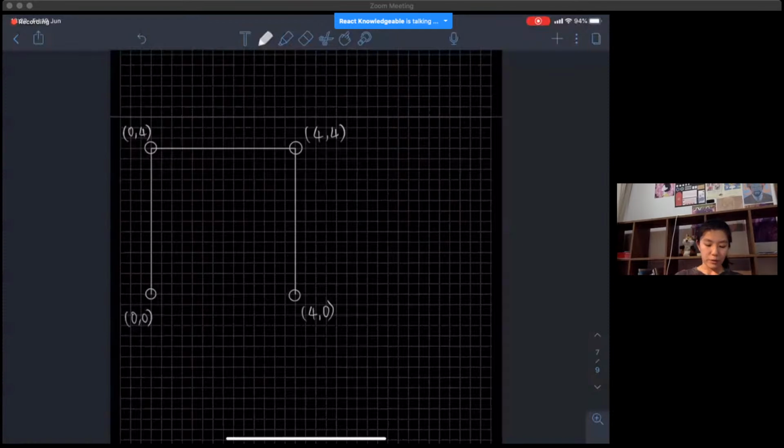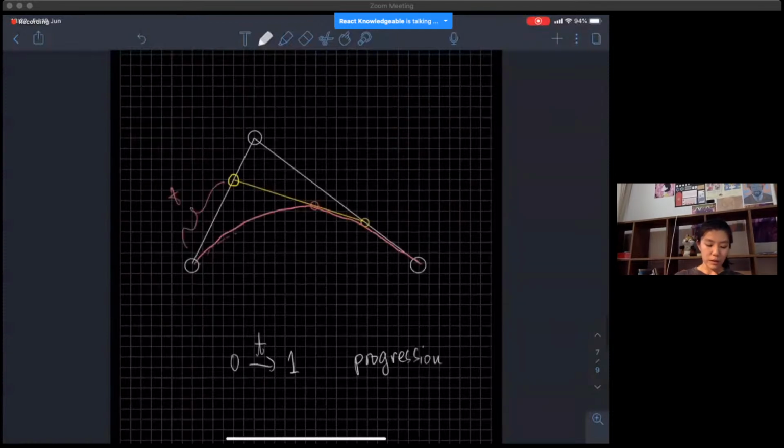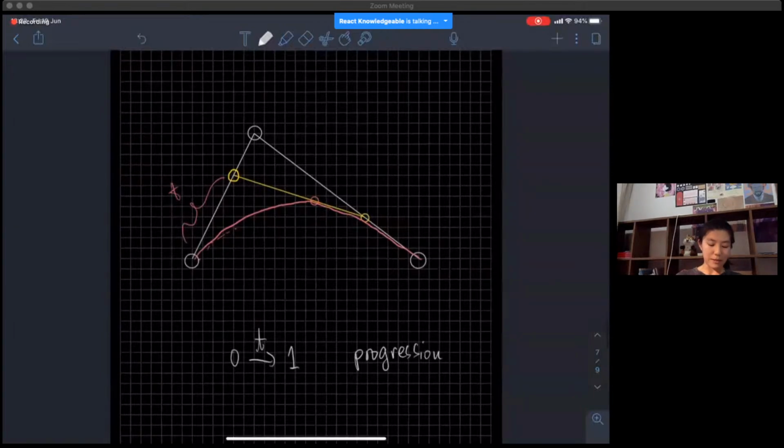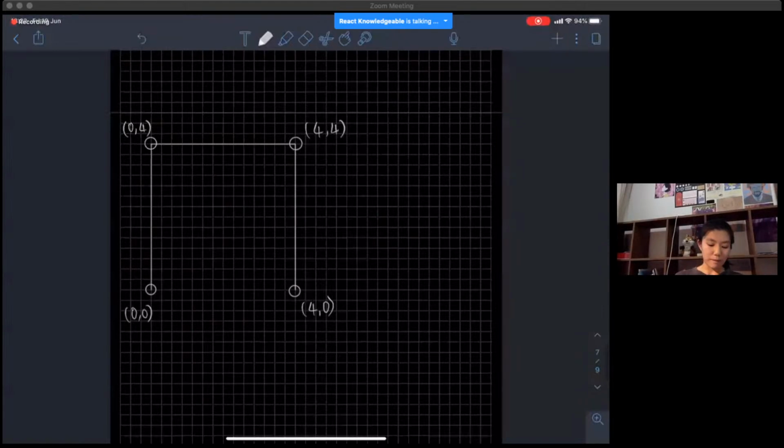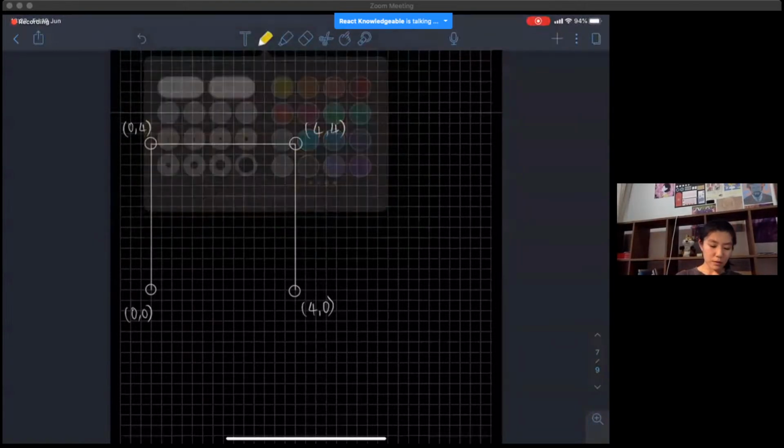So similarly here, what we're doing is we first will try to find another line segment. So let's try to find out the midpoint.